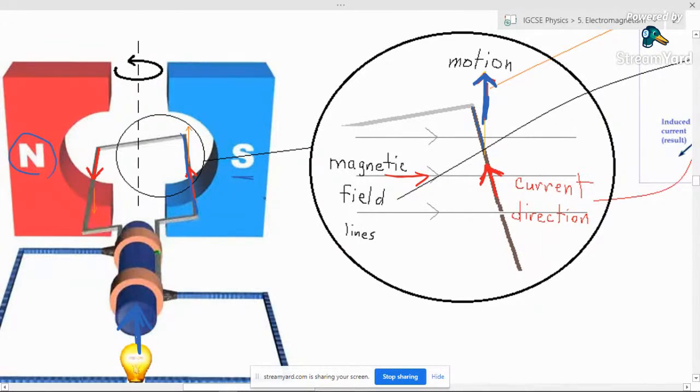So our fingers should be pointing from north to south. So along these field lines, your fingers point this way. Your thumb points up in the direction of the motion. And the palm of your hand is the result. And the result is a current that ends up flowing through that wire in this direction. Okay?